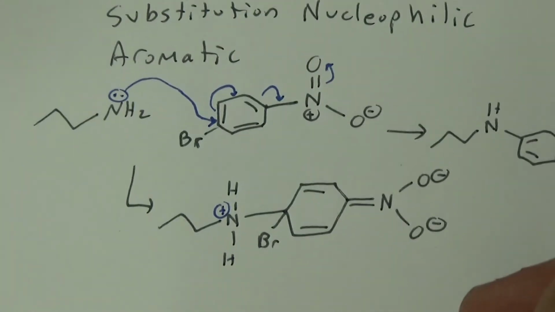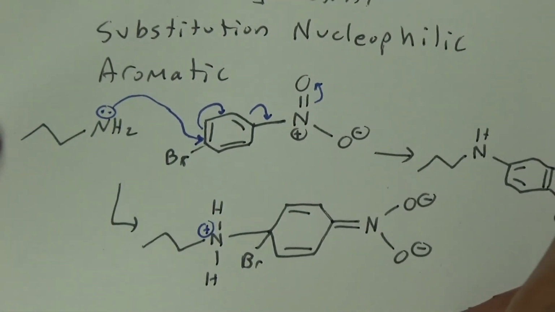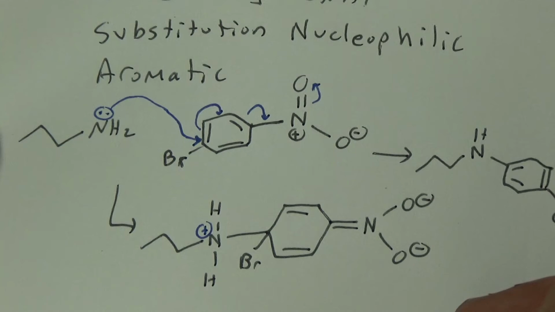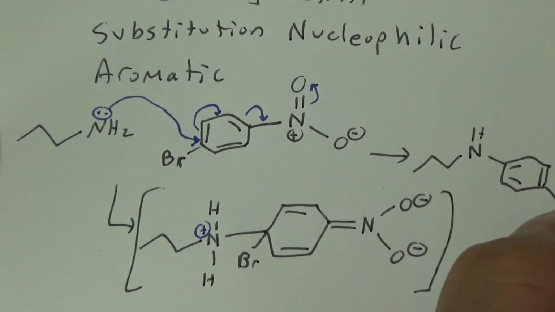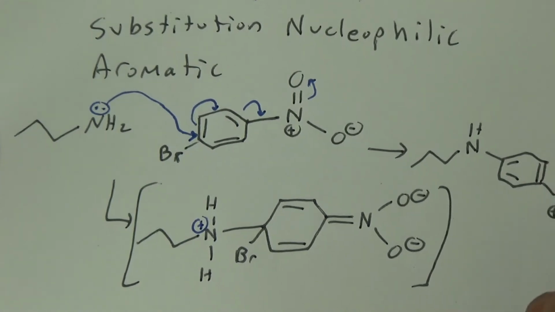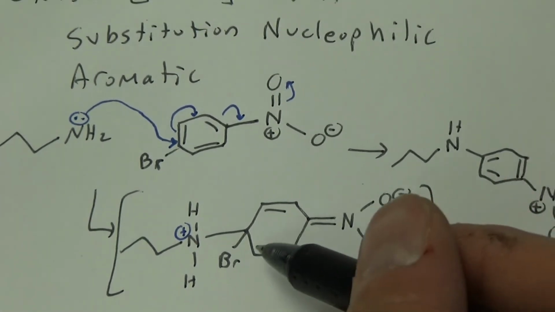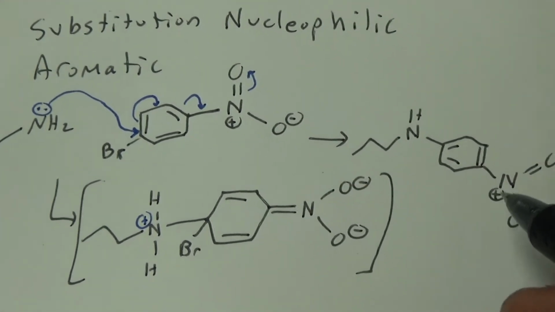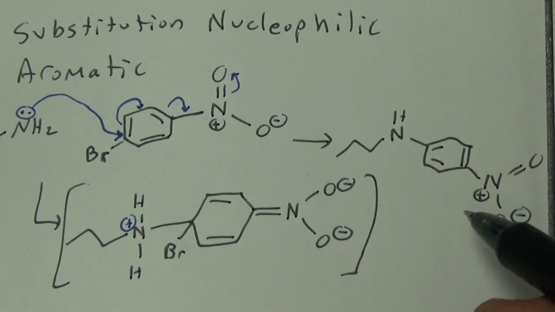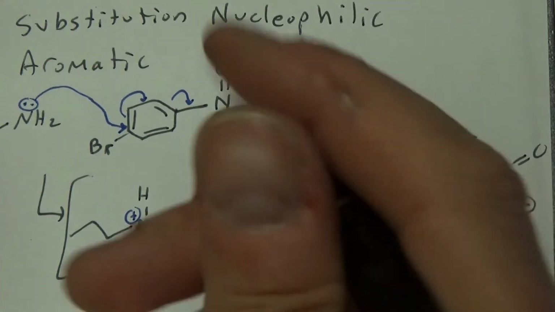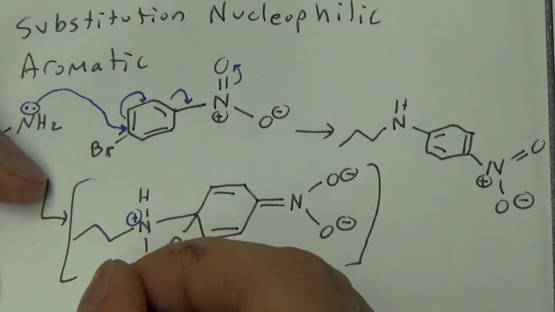Kind of a weird looking little intermediate like that. And then, what do you think happens next? That might get rid of the Br and return the nitro back to its normal nitro structure. Any guesses? Well, one thing is a base takes this proton.